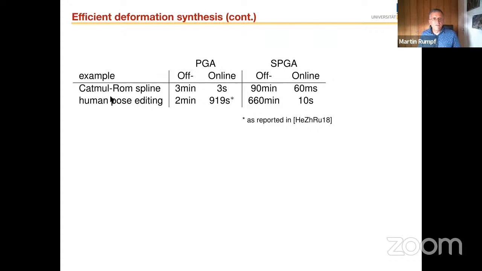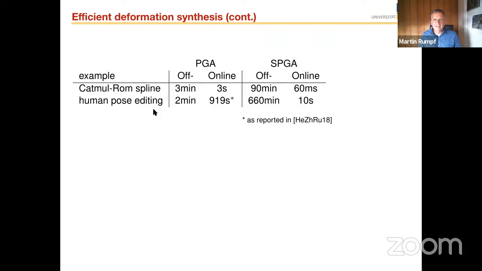So if you compare here a Catmull spline reconstruction, which requires 3 seconds in the classical PGA and only 60 milliseconds in the sparse PGA. Now, basically the cost is here these 1 or 2 back projection operations onto the manifold. That dominates basically this cost.